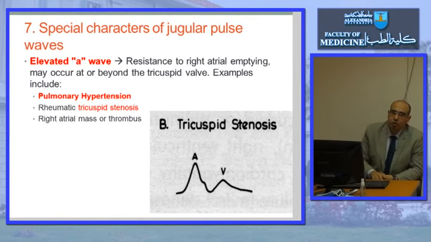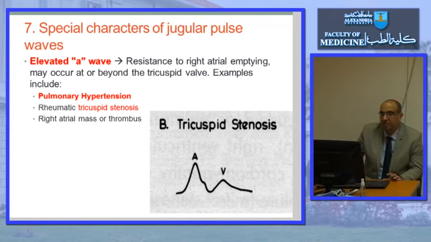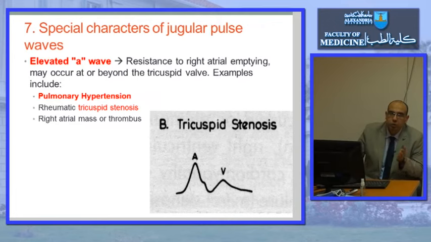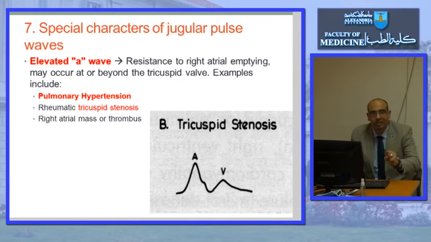Special character of jugular venous pulse. Normally there is no special character, but if we find that there is an elevated A wave, to understand that we should remember what the A wave corresponds to. A is for atrial contraction. So the A wave will become elevated when there is a strong atrial contraction, when the atria contract more.